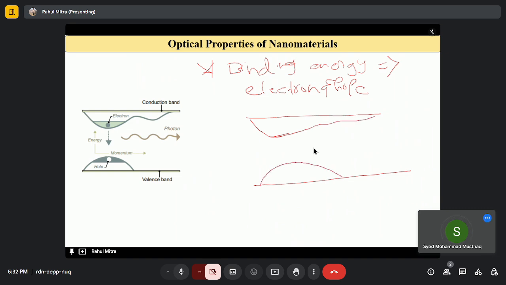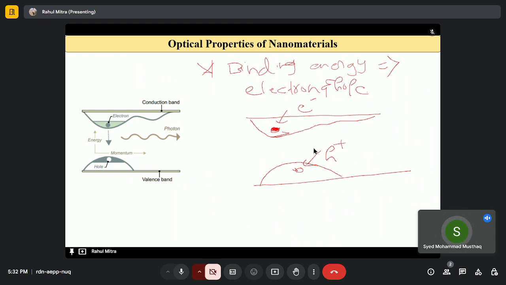Same goes for the hole. The hole can be found above the valence band, and the electron can be found below the conduction band. This is my electron, this is my hole.